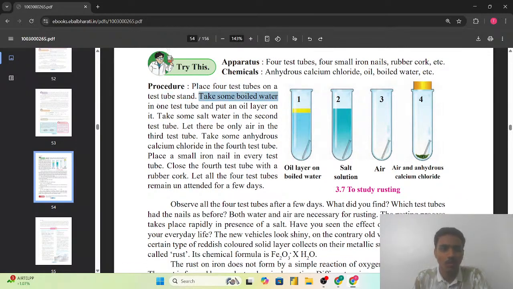Take some boiled water in one test tube and put an oil layer in it. मतलब क्या करना है? पहले एक बार पढ़ लेते हैं फिर देखेंगे। Take some salt water in the second test tube. Let there be only air in the third test tube. Take some anhydrous calcium chloride in the fourth test tube. Place a small iron nail in every test tube. Close the four test tubes with the rubber cork. Let all the four test tubes remain unattended for a few days.